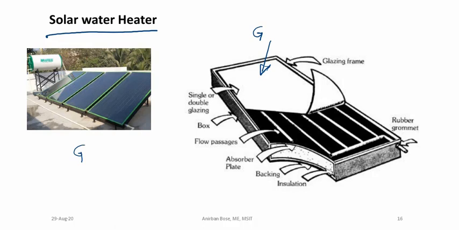The fraction that will be transmitted is tau. Tau is called the transmissivity of the glass plate. That means it is the fraction of energy that is transmitted. Then G times tau is basically the amount of energy ultimately transferred through the glass.